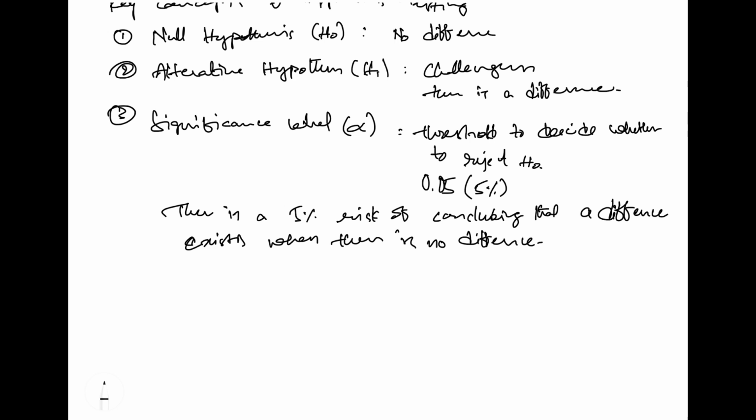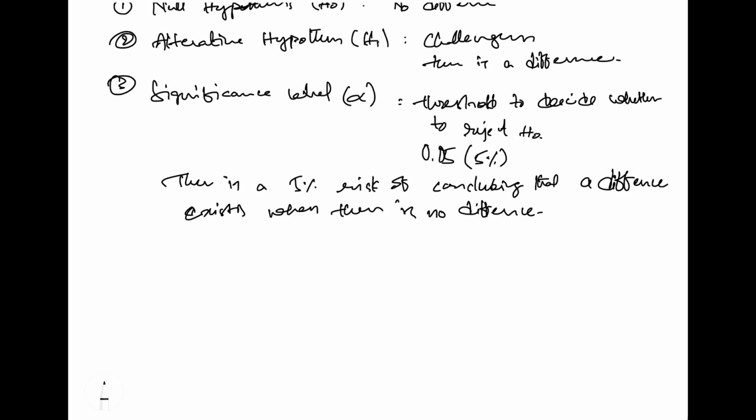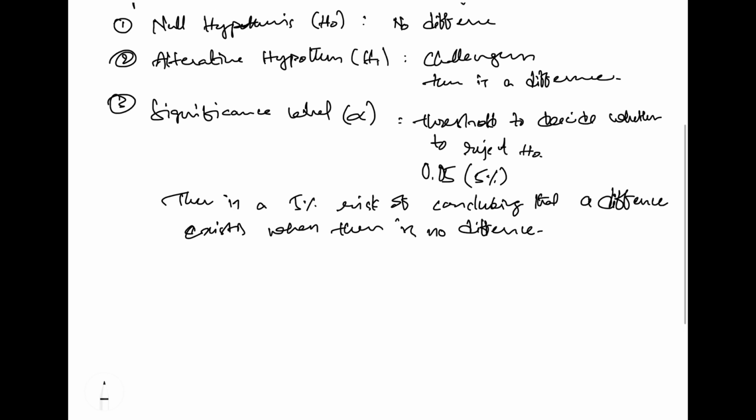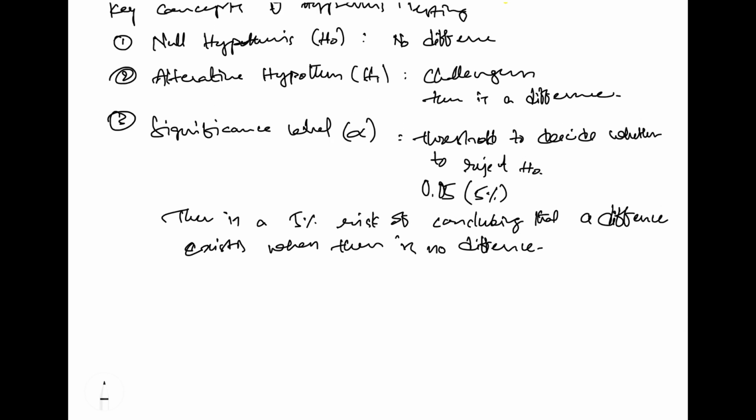So basically, we are accepting the 5% risk of concluding that a difference exists when actually there is no difference. Another way of saying this, for easy understanding, is that we are 95% confident that our assumption is valid.